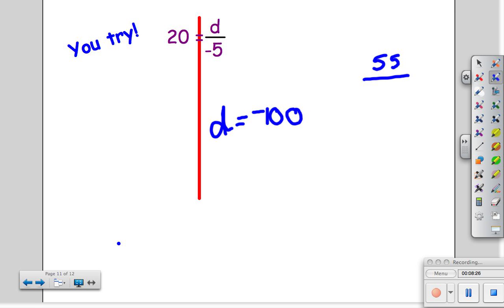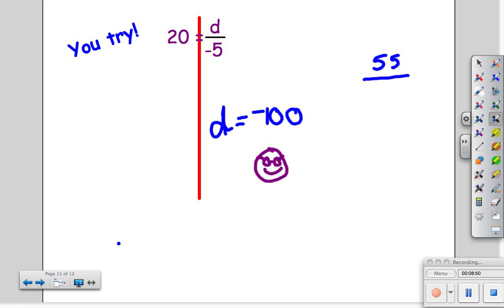For this one, if you get d equals negative 100, give yourself a smiley face with some glasses, because you're turning into quite the smarty pants, and one of the signs of being a smarty pants is sometimes glasses.